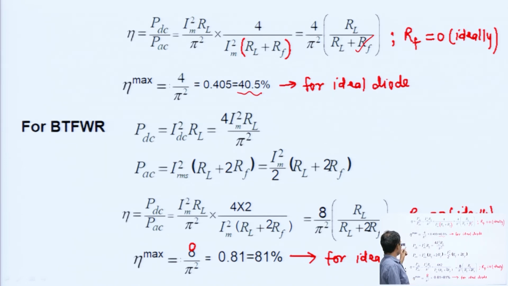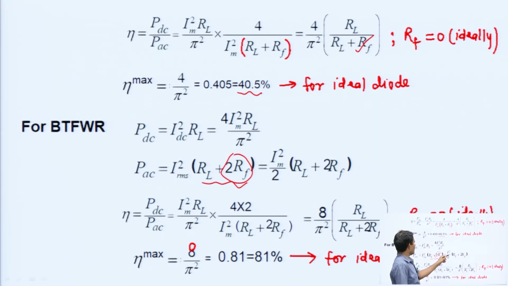On the other hand, what will be the efficiency for the full wave rectifier? For the bridge type full wave rectifier, Pdc is equal to Idc² RL, which is (2Im/pi)² times RL, and Pac is equal to Irms² times (RL + 2RF), because for the bridge type full wave rectifier there are 2 diodes in conduction, so we have taken 2 forward resistances here.